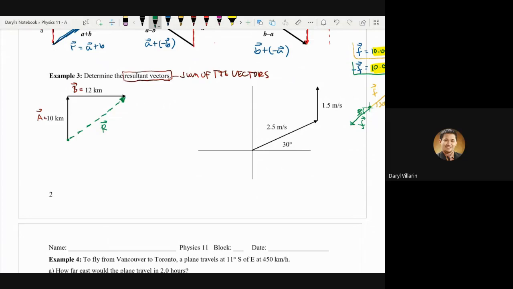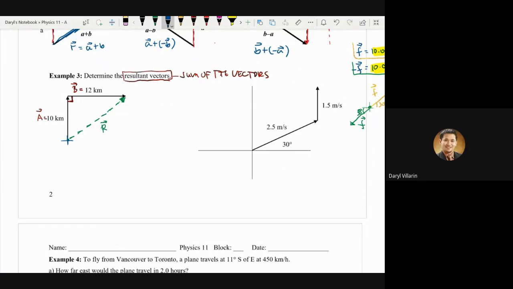So in this particular case, if you can see, this is already a right angled triangle here. So to solve, the first thing that I'm going to do is solve for its magnitude. And remember that the direction should be based from your tail, okay?